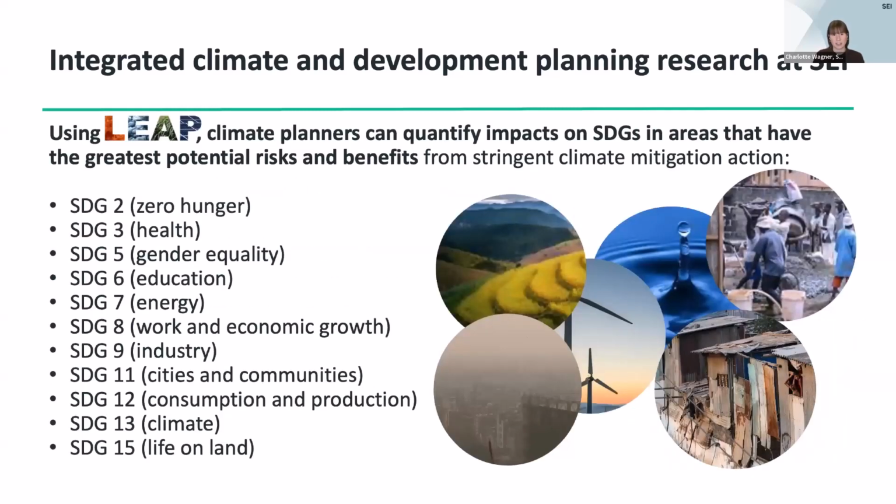And so some of the areas that we identified were SDG 2 on zero hunger, SDG 3 on health, SDG 5 on gender equality, education, energy. There's quite a list. And it was important to us that people that were already using LEAP would be able to quantify impacts on SDGs in areas that have the greatest potential for risk and benefits.